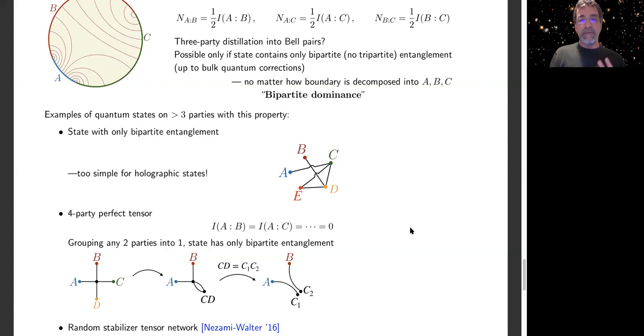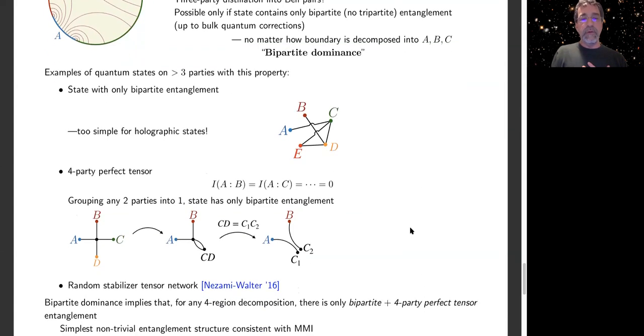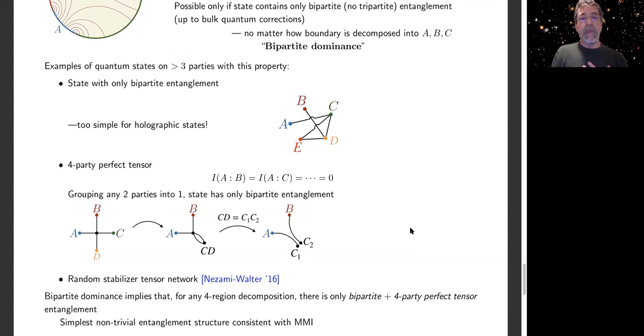Well, then if this is true, it implies that for any 4-region decomposition of the boundary, you have a very special structure, which is that you only have bipartite entanglement among those 4 regions, plus possibly 4-party perfect tensor entanglement. So it's still very restricted. The only type of 4-party entanglement that's allowed, if this statement about 3-party entanglement is true, is 4-party perfect tensor entanglement.